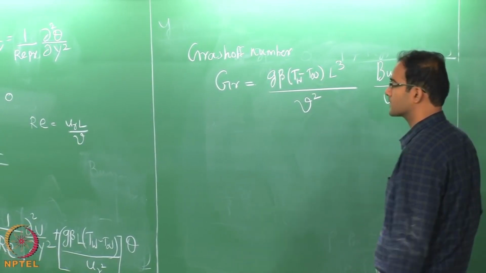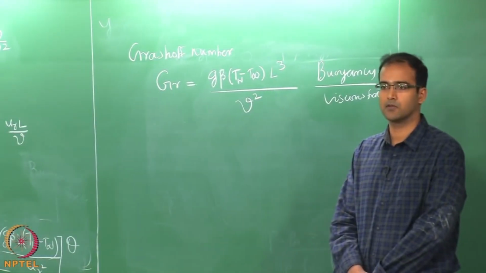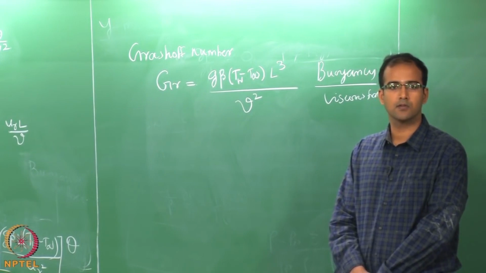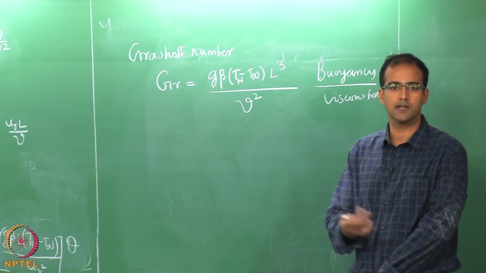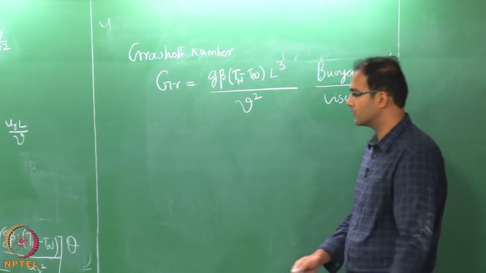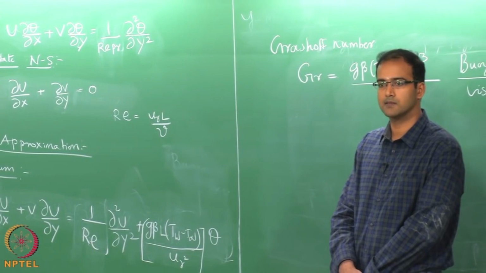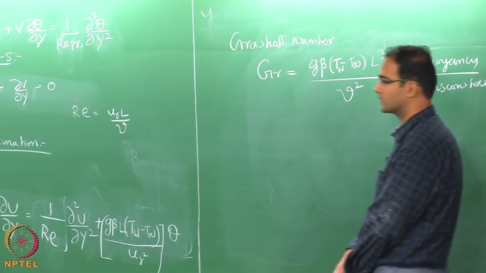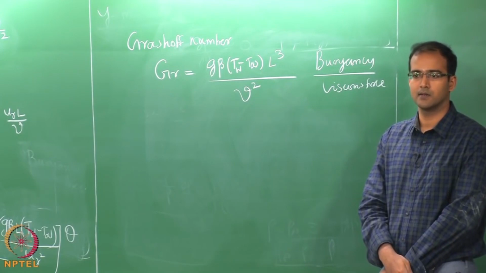So, you can imagine that this Grashof number is somewhat analogous to the Reynolds number in forced convection. So, there you have inertial force, here the inertial force is replaced by the buoyancy force, or in fact the inertia here is driven by buoyancy. Okay. And therefore, you can write this ratio of buoyancy to viscous force using the Grashof number and Reynolds number, because the Grashof number is a function of buoyancy and viscous force, and the Reynolds number is nothing but inertia and viscous force.